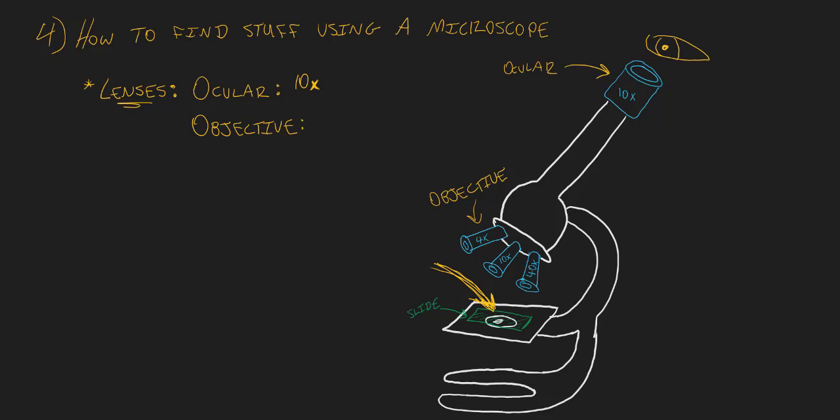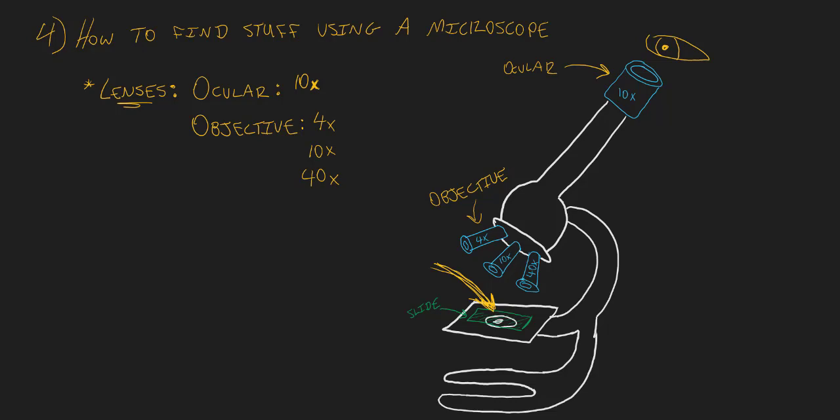Objective lenses have a wide range of different magnifications. The ones in our lab that you would have encountered would have been 4x for the smallest, 10x for the medium, and 40x for the largest. Okay, so the smallest of these will magnify an image by itself by 4 times.